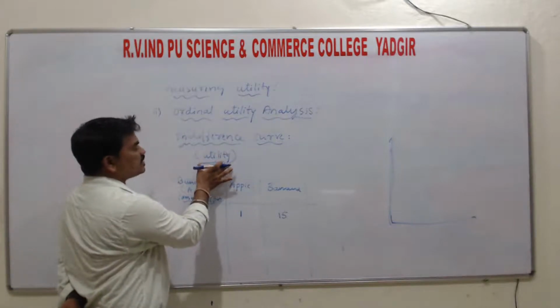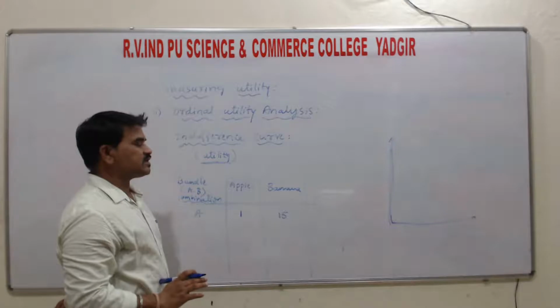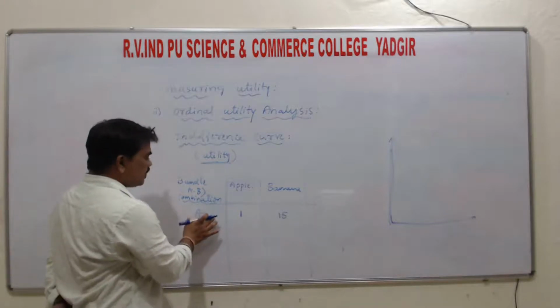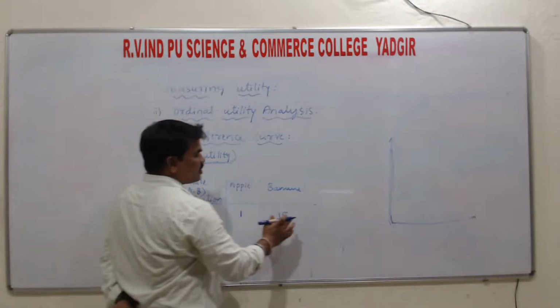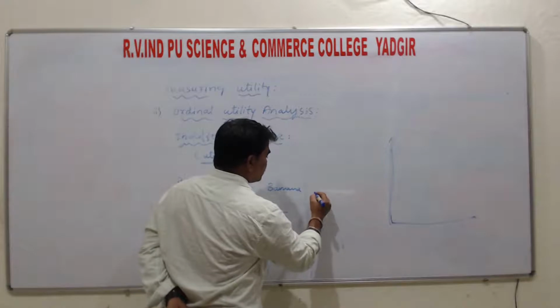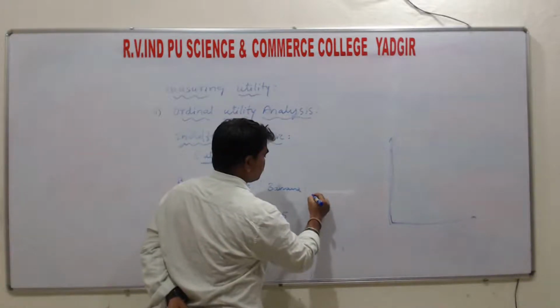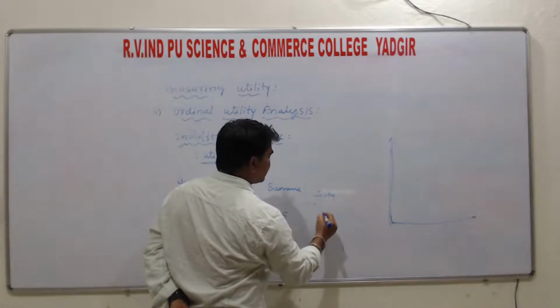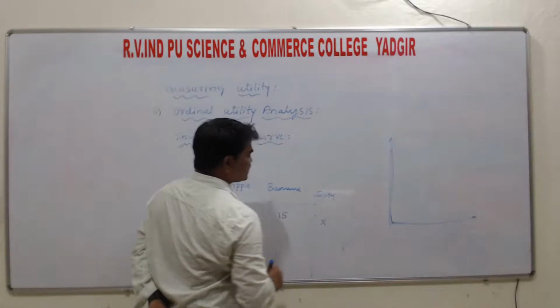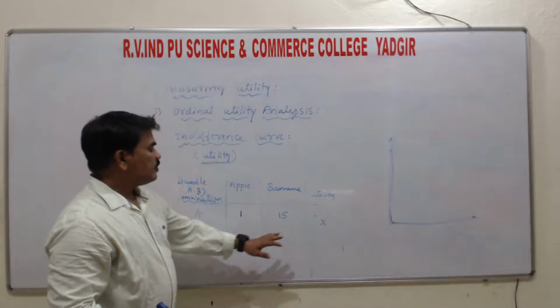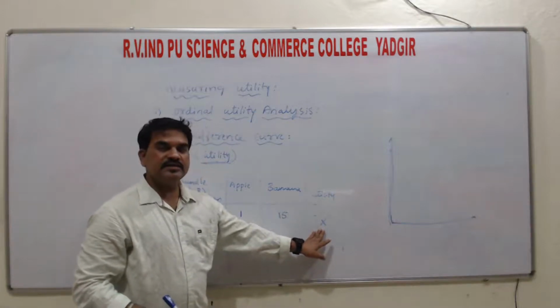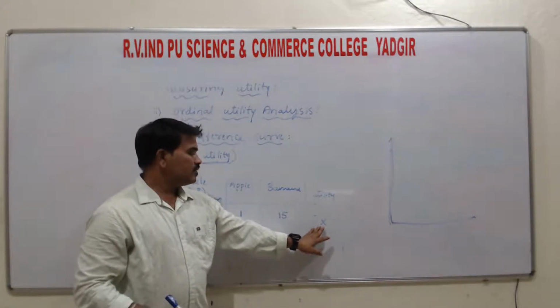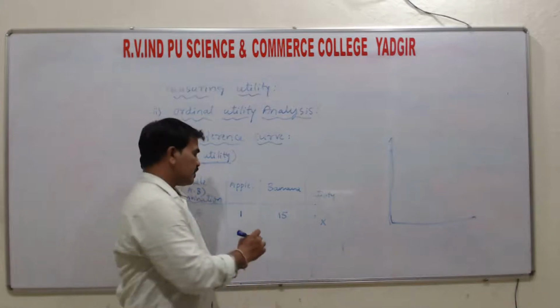indifference means there is no difference in his satisfaction level. So when he uses this combination, at this utility level, his satisfaction is X, you can say. So there is no change in the satisfaction level. There is no difference here.